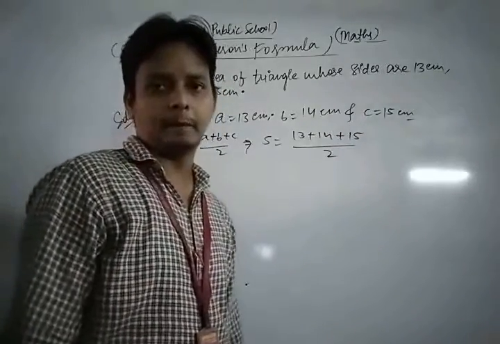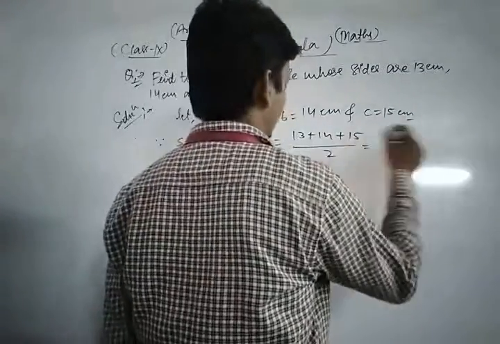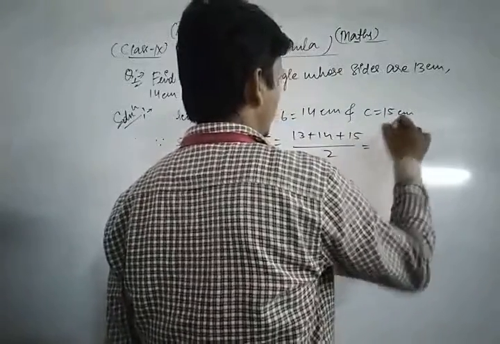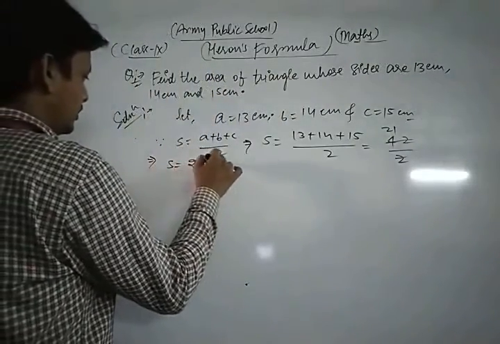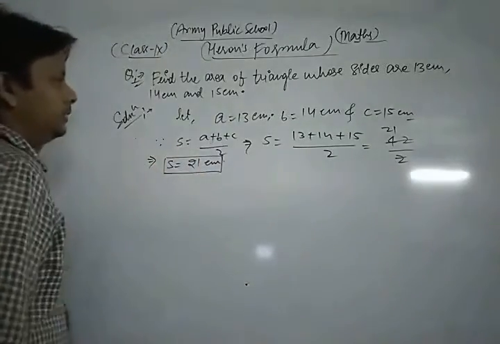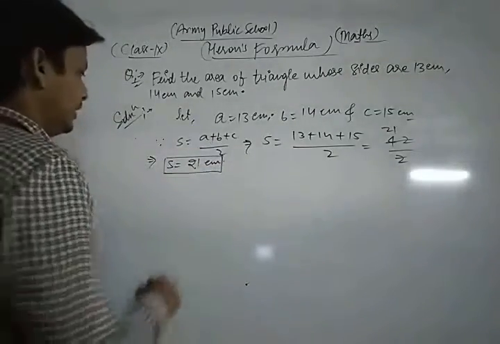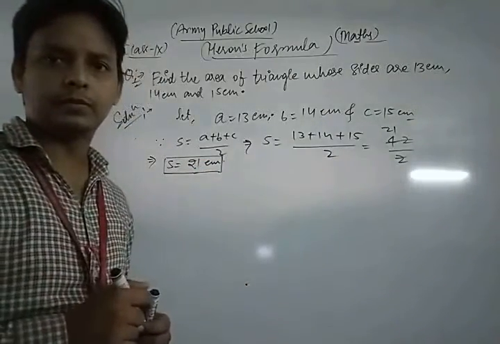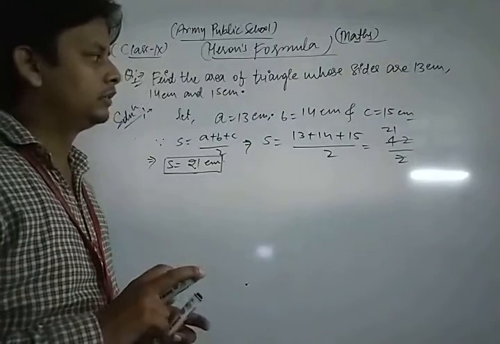So we get 42 upon 2, that is 21. Thus, dear students, S is equal to 21 centimeter. This is the semi-perimeter of the triangle.